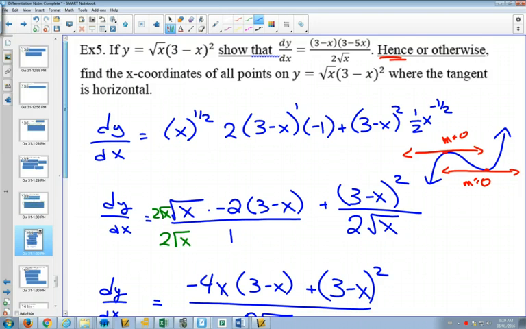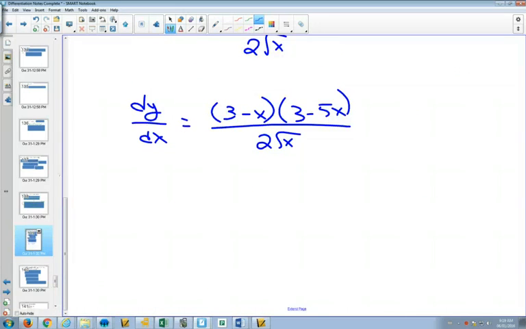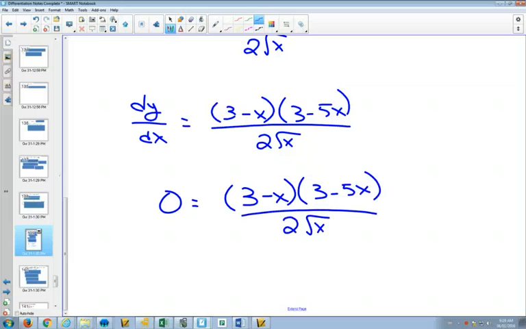Now, the nice thing, if we look at our equation and we say, well, let's make it equal to 0, and if we use what we already have, when is a fraction equal to 0? When the numerator is 0. And since it's already factored in the numerator, can you see that x would have to be 3, because that would make the numerator 0, or x would have to equal 3/5, because then the second term would equal 0.